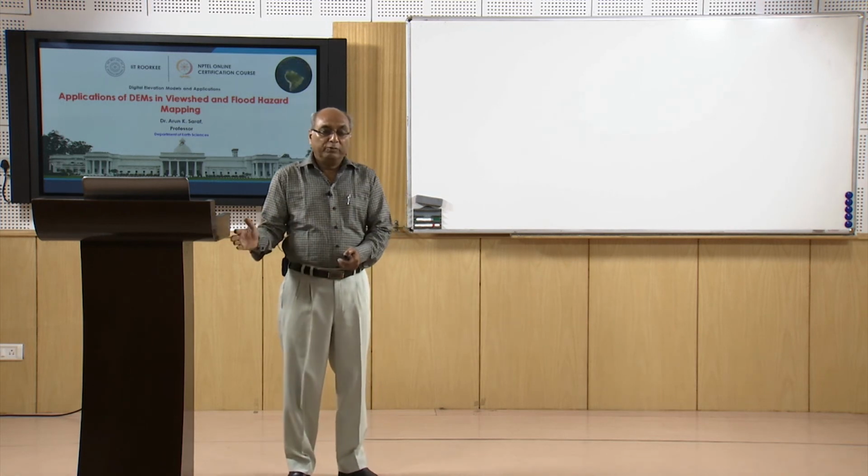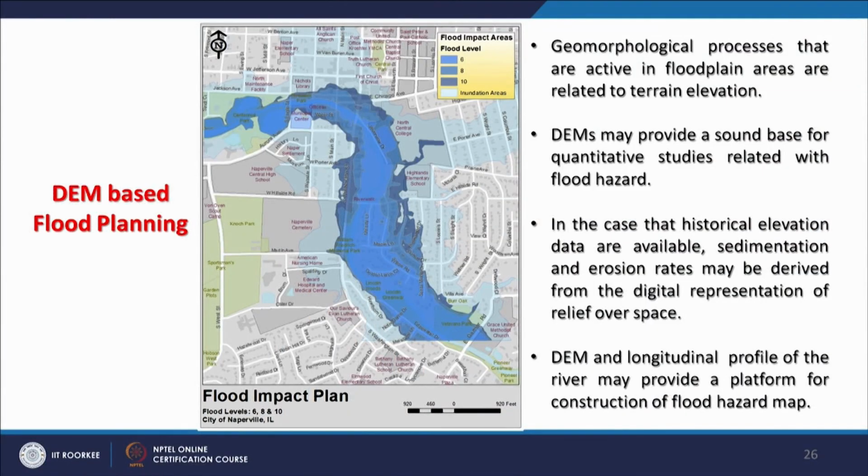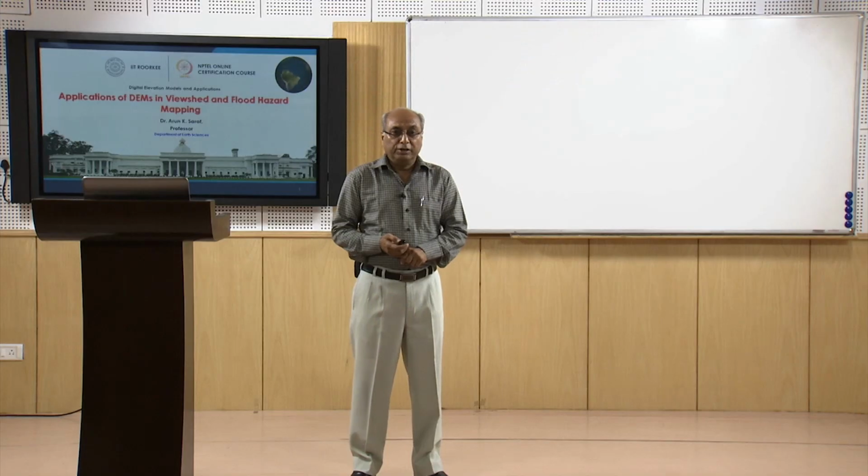Probably these things can also be calculated, but for that we may require several successive digital elevation models, maybe in a time series. So longitudinal profiles can also be drawn, and cross profiles can also be drawn, and plan views through a digital elevation model of the inundated area can also be drawn.